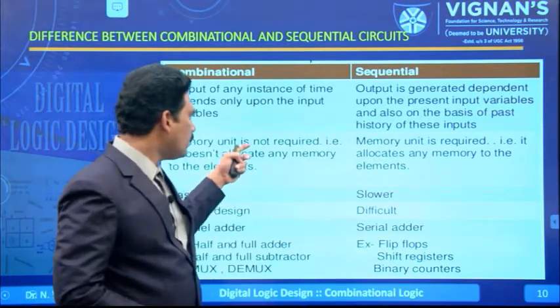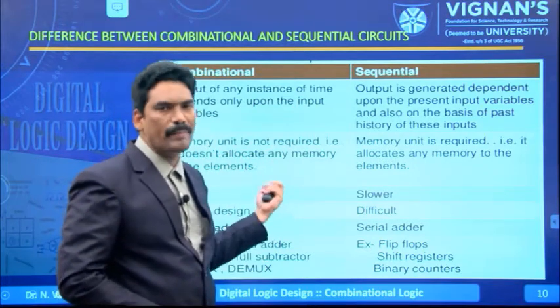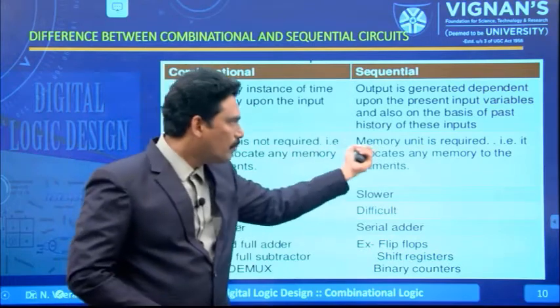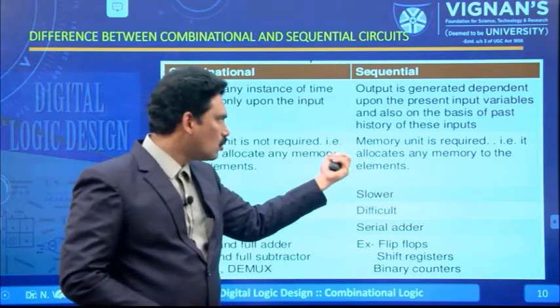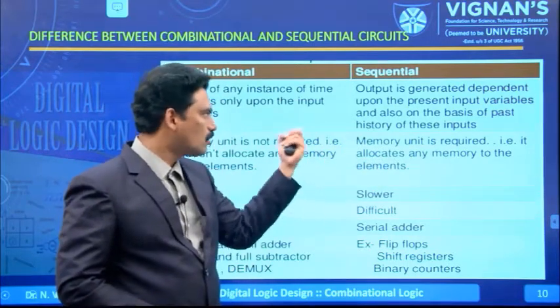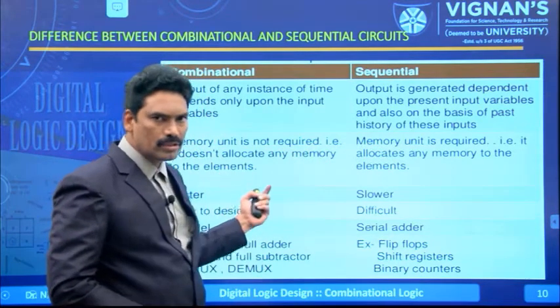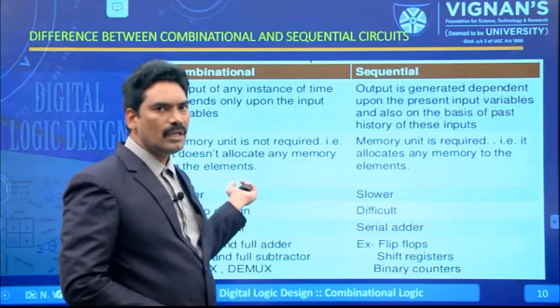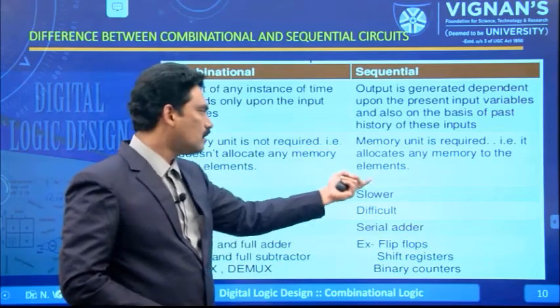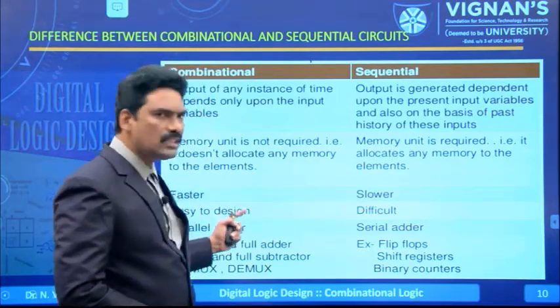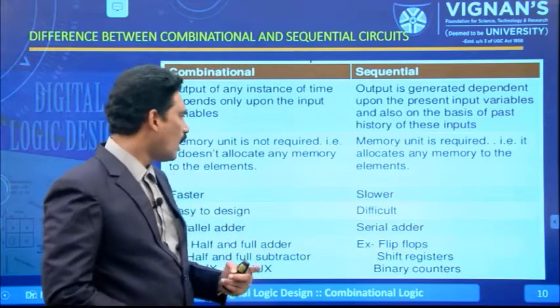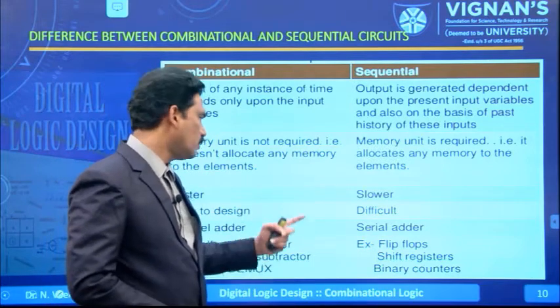In a combinational circuit, a memory unit is not required, whereas in a sequential circuit a memory unit is required to store state. A combinational circuit is faster, since there is no memory element, so execution is fast, while a sequential circuit is slower. A combinational circuit is easy to design, and a sequential circuit is very difficult to design.